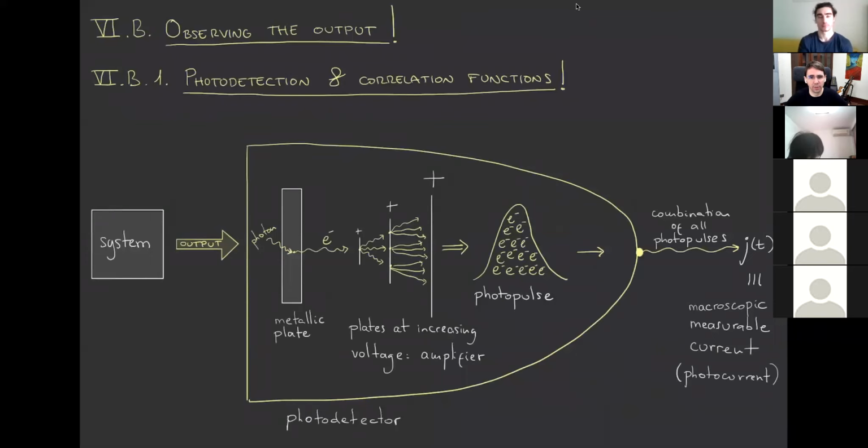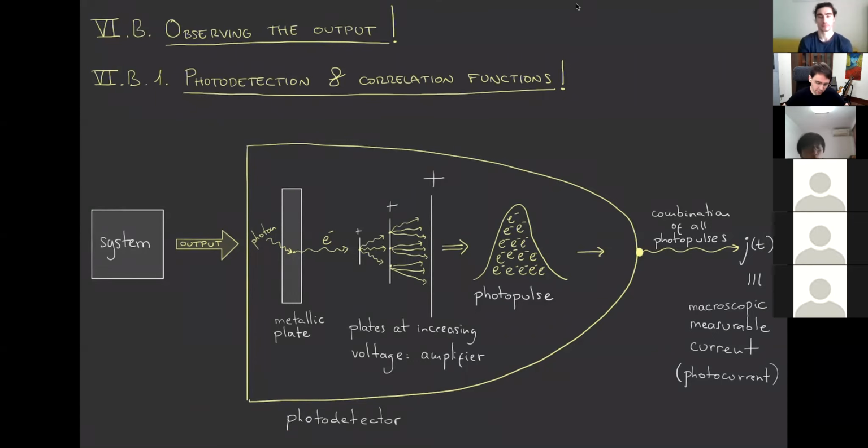Then I think that, yeah, we still managed to go through a bit of the typical measurement in quantum optics, or the most fundamental type of measurement that we do in quantum optics, which is called photodetection. And essentially, I showed you the basic scheme.